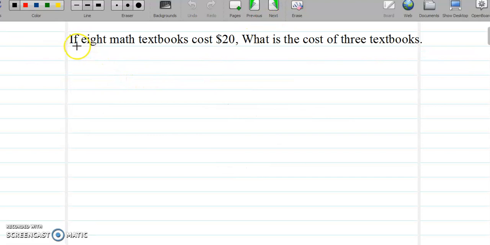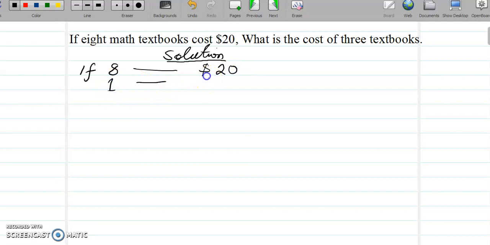In this case, we say that if 8 math textbooks cost $20, what is the cost of 3 textbooks? Now, the best method to find this direct proportion is to start first by looking for the single unit. So if 8 textbooks cost $20, first of all, 1 textbook will cost how many dollars?